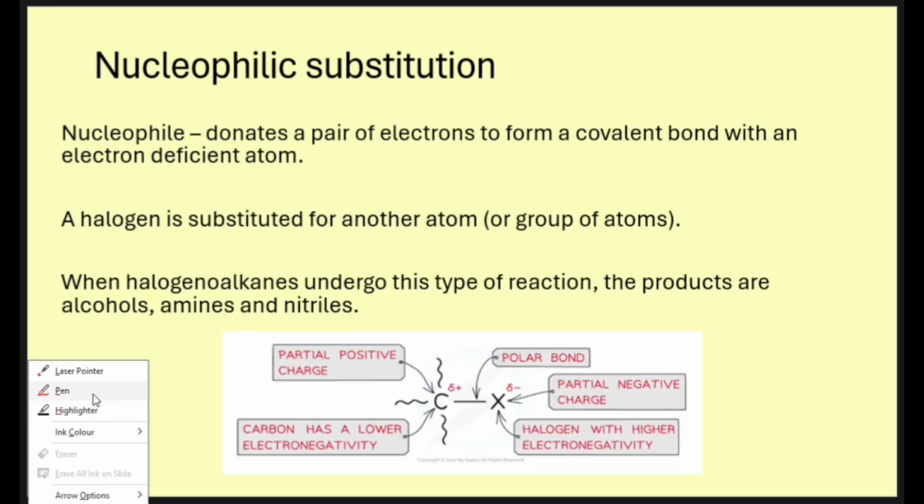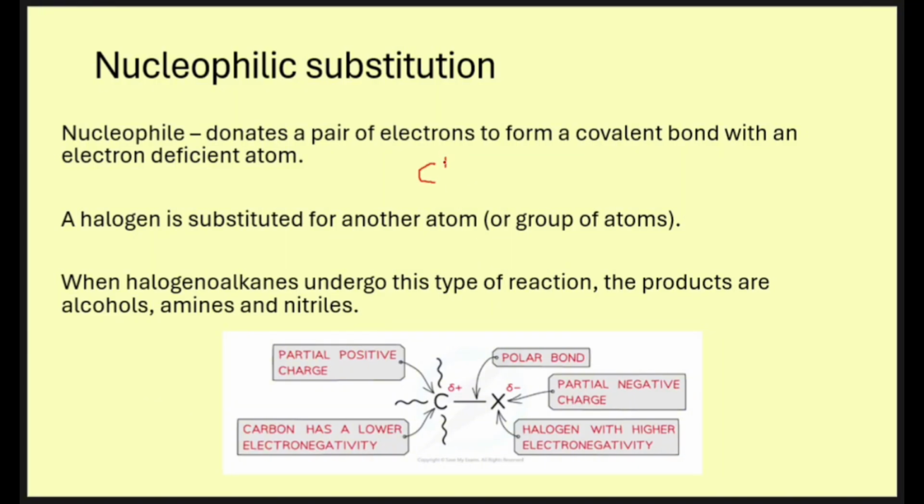So now moving on to the mechanisms. There are 2 mechanisms which you saw in the spec earlier: nucleophilic substitution as well as elimination. In nucleophilic substitution, a nucleophile donates a pair of electrons to form a covalent bond with an electron deficient atom, which will make more sense when we put it into practice, but it's drawn to the positive charge.